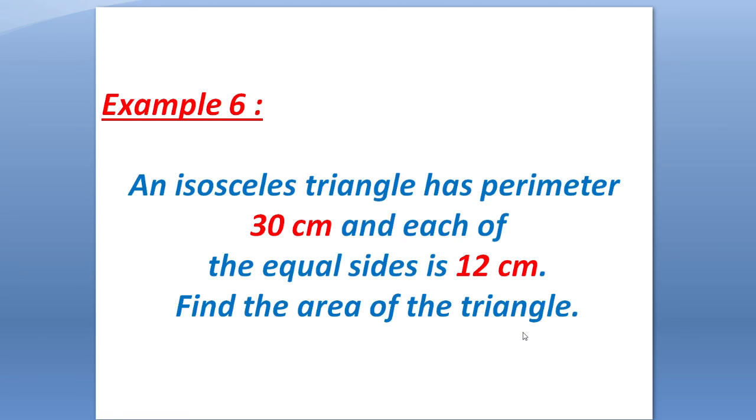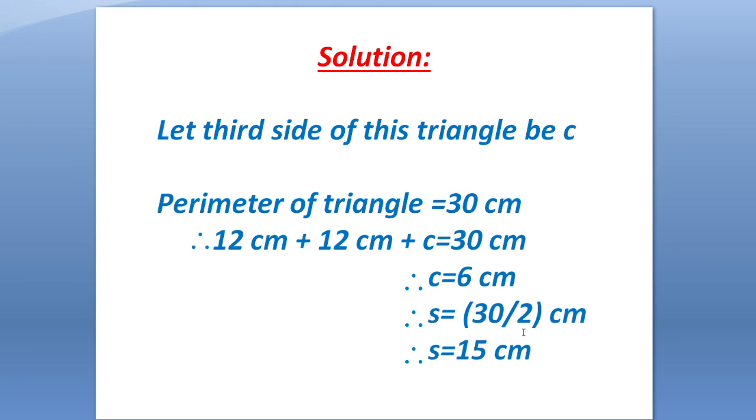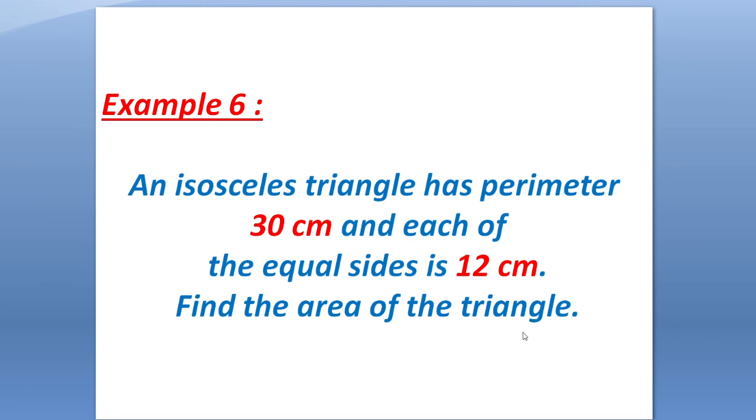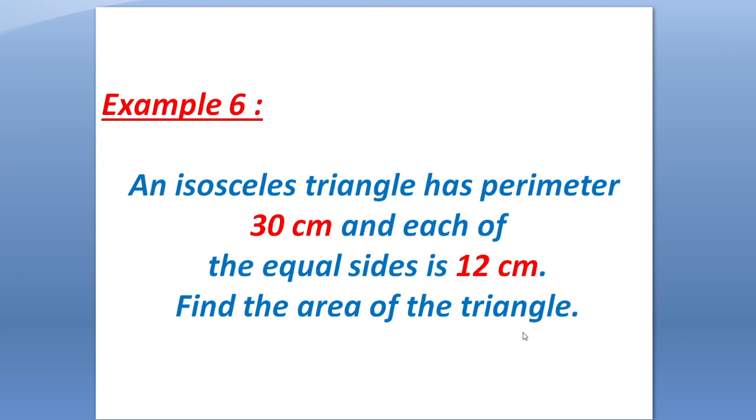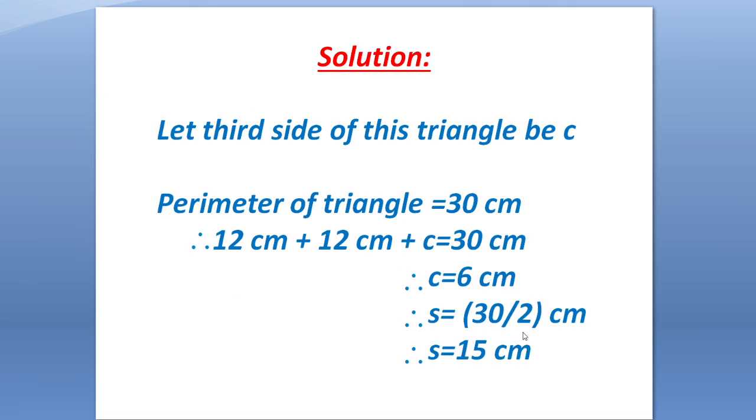Okay, let the third side of this triangle be C. The perimeter of the triangle is given, 30 centimeter, and the equal sides are 12 centimeter each. So 12 centimeter plus 12 centimeter plus C is equal to 30 centimeter. That means C is equal to 6 centimeter.